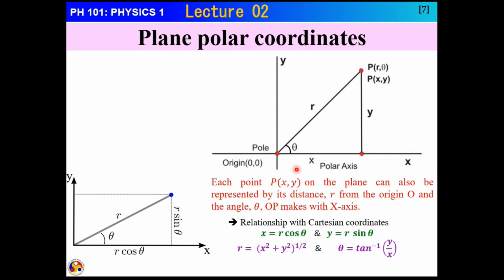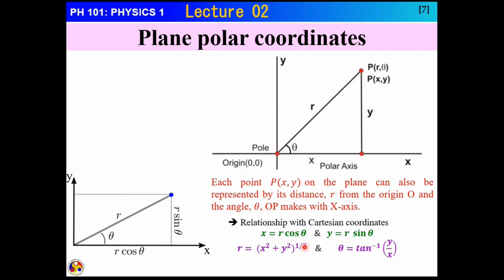And there is a relationship between the Cartesian coordinate system and the polar coordinate system. So for example, if you are working with polar coordinate system and you want to go to Cartesian coordinate system, you can easily go. You just simply replace the x parameter by r cos theta and the y parameter by r sin theta.